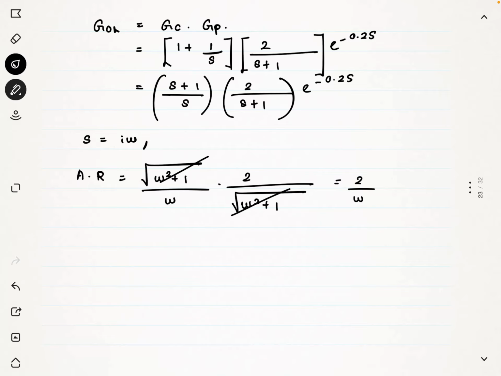And then if we write the phase angle equation, we'll have tan inverse omega by 1 minus tan inverse infinity, because in the denominator we don't have a real part for the first term.